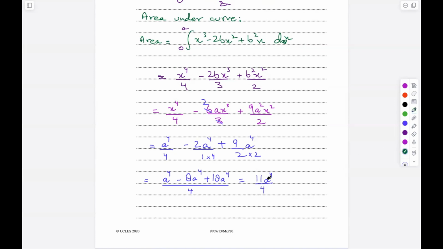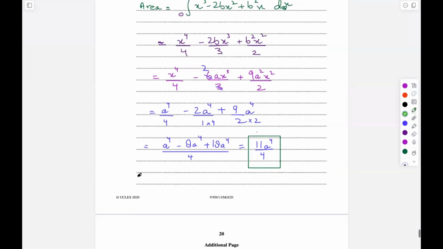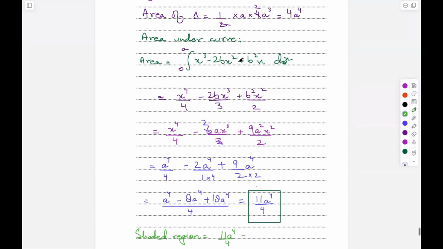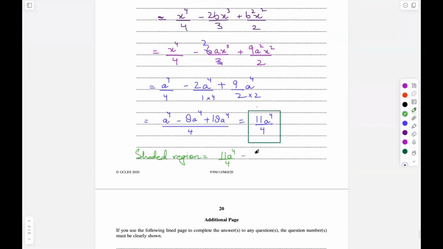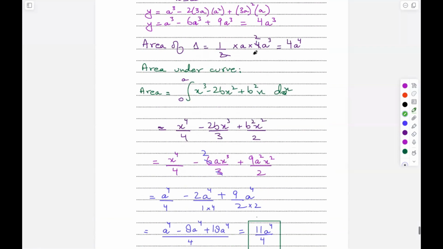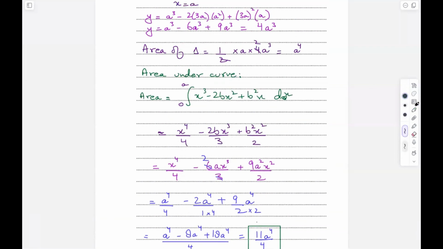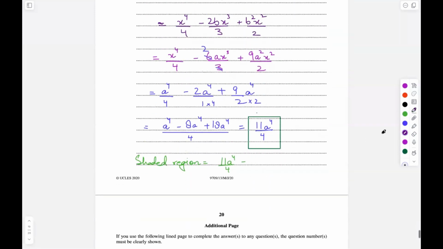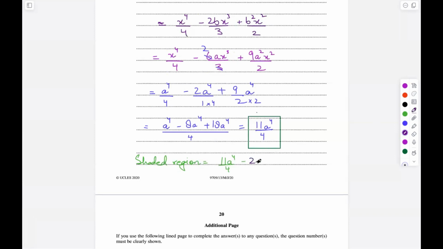Once we have the area under the curve, we can find the difference to find the shaded area. So the area of the shaded region will be the area under the curve, 11a to the power 4 upon 4, minus the area of the triangle, which was 2a to the power 4.